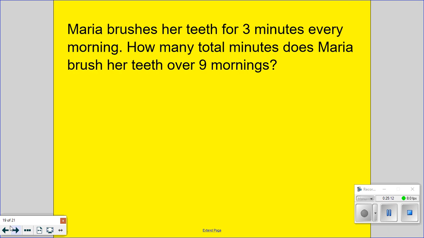We've got one more we're going to do together. Maria brushes her teeth for 3 minutes every morning. How many total minutes does Maria brush her teeth over 9 mornings? What am I counting?